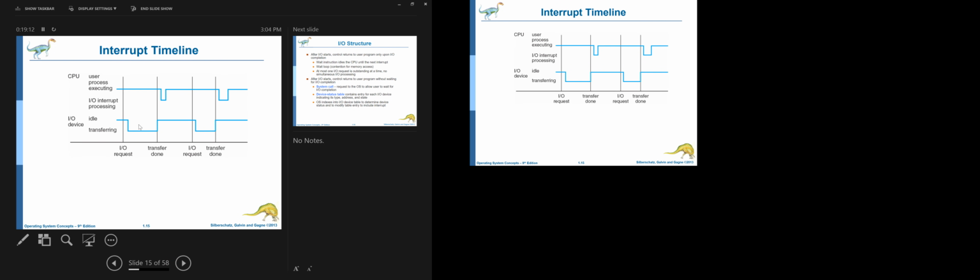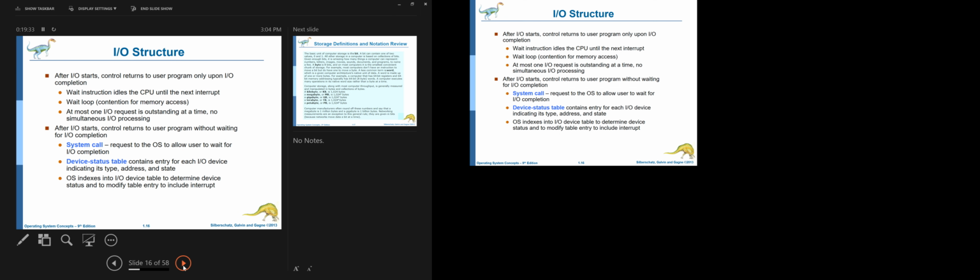Just the idea that the I/O device and the CPU will alternate their working, and it's the interrupts that get the CPU to wake up and do something with what's going on. So they're not linked, they're asynchronous, and on it goes.